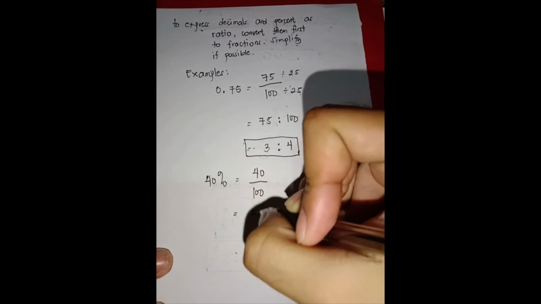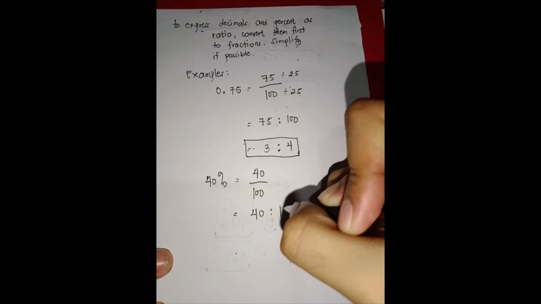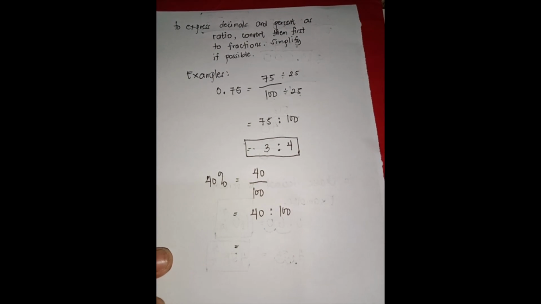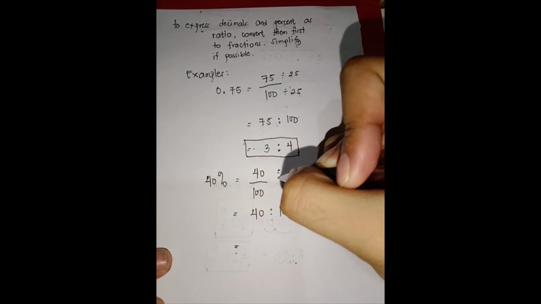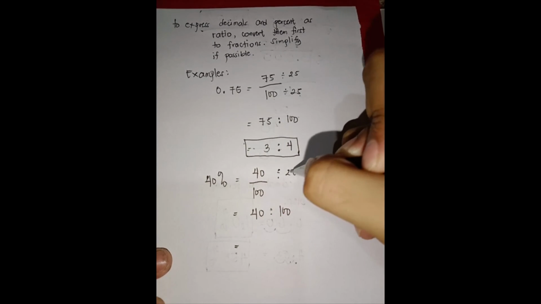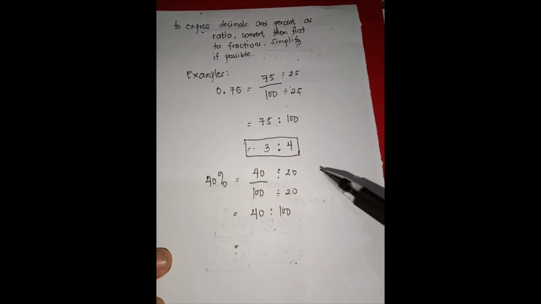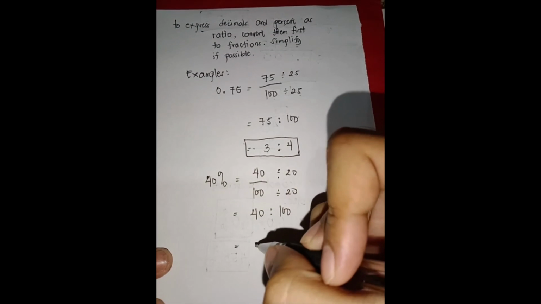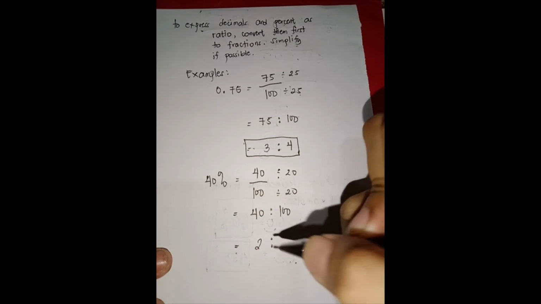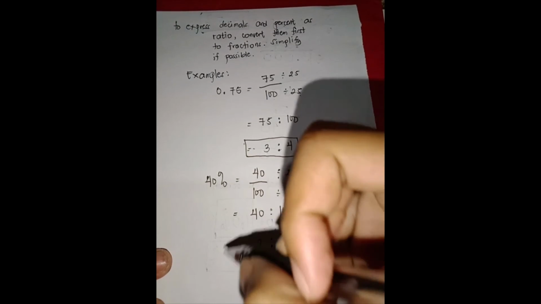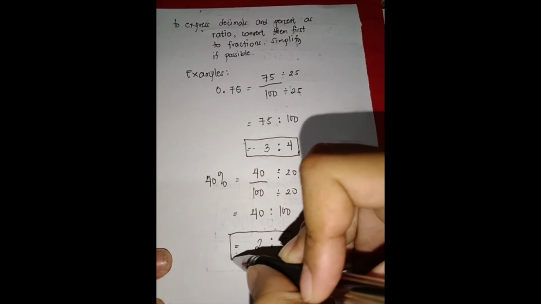So we have 40 out of 100. Next is simplify. So simplify, we divide by 20. So 40 divided by 20, we have 2, colon, as a ratio. So 100 divided by 20, we have 5. So therefore, final answer, 2 out of 5.